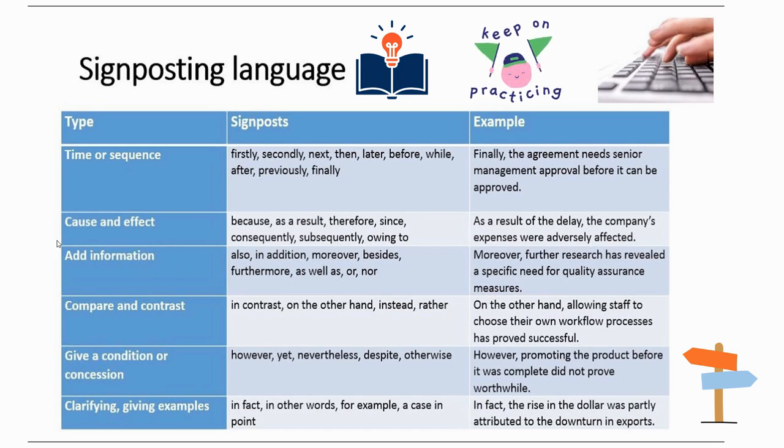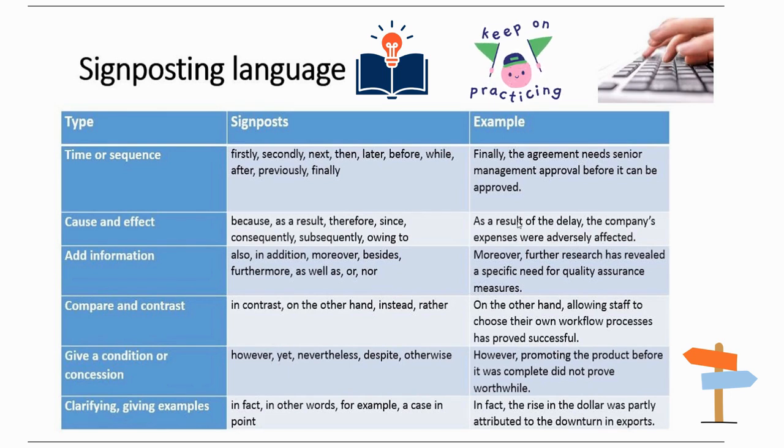Next is cause and effect. Examples are because, as a result, therefore, since, consequently, subsequently, owing to. Let's look at the example: "As a result of the delay, the company's expenses were adversely affected."